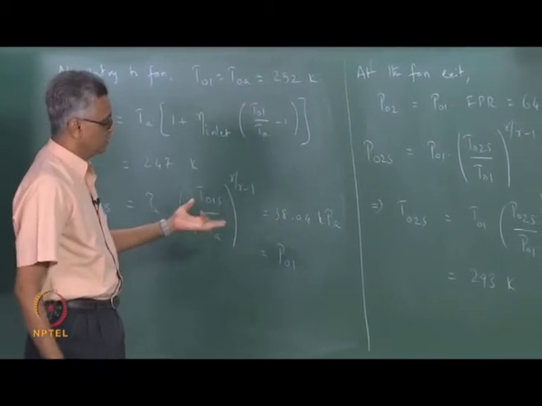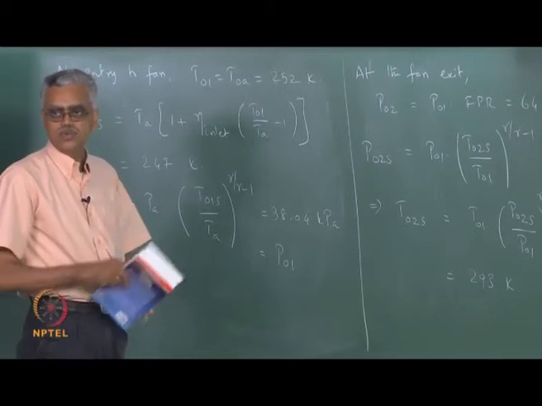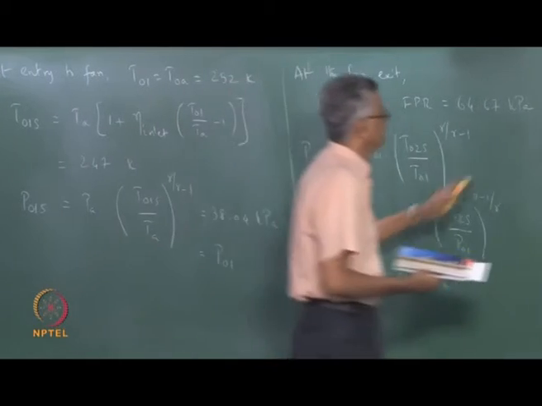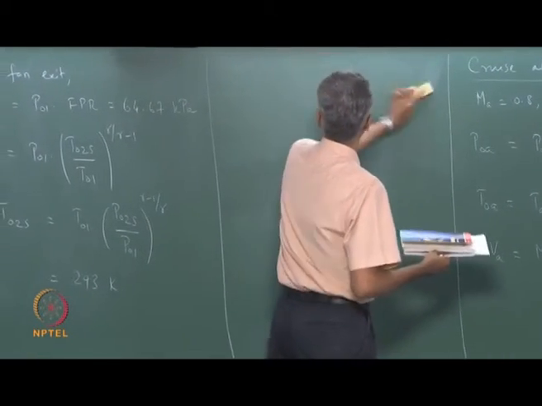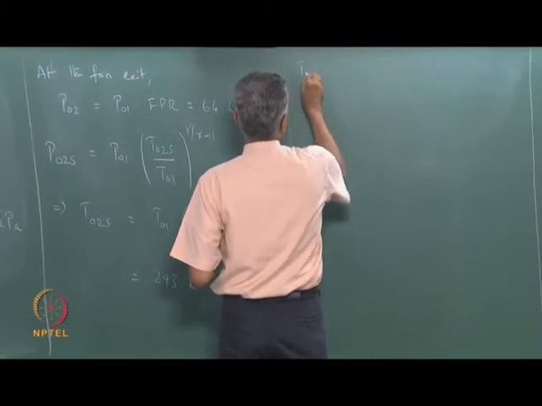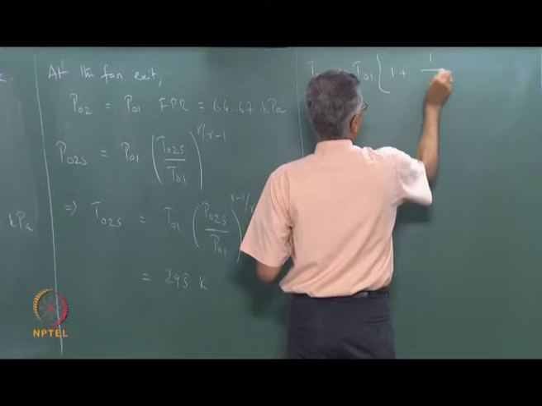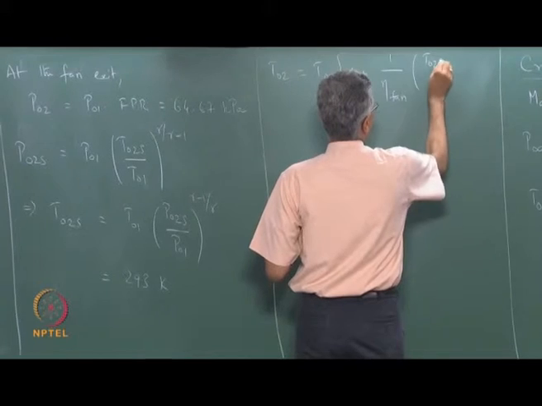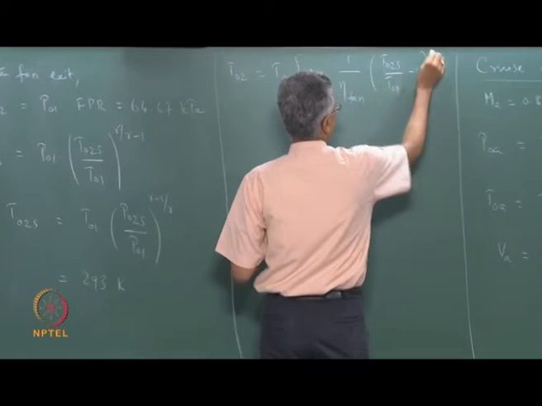So once I have T02S, by using the definition of the isentropic efficiency of the fan, I can calculate T02. So T02 is equal to T01 times 1 plus 1 over eta fan times (T02S over T01 minus 1).